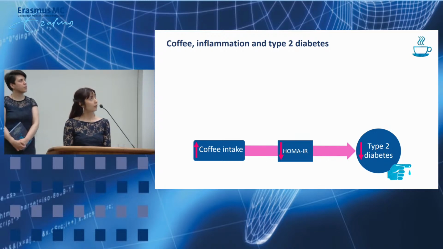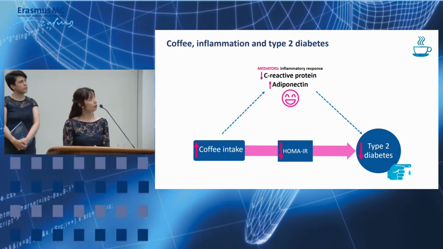Then we further explored whether inflammatory response had a role in this, and we found that higher levels of coffee consumption were associated with a beneficial profile of the inflammatory biomarkers, and that part of the effects of coffee on lower type 2 diabetes could be mediated by changes in the inflammatory response.